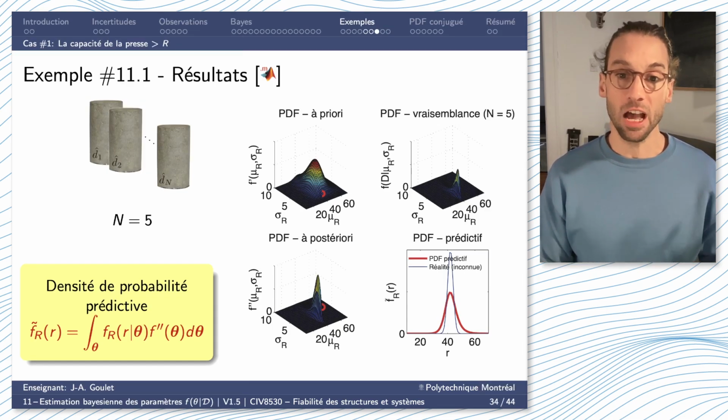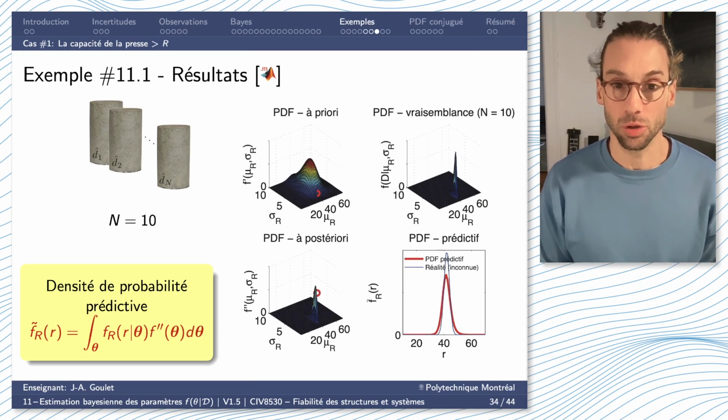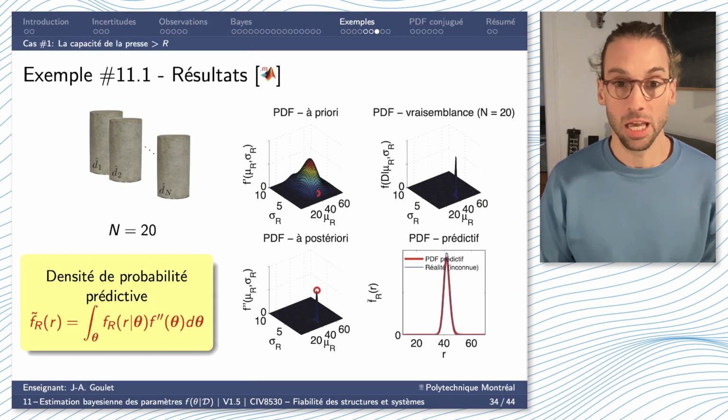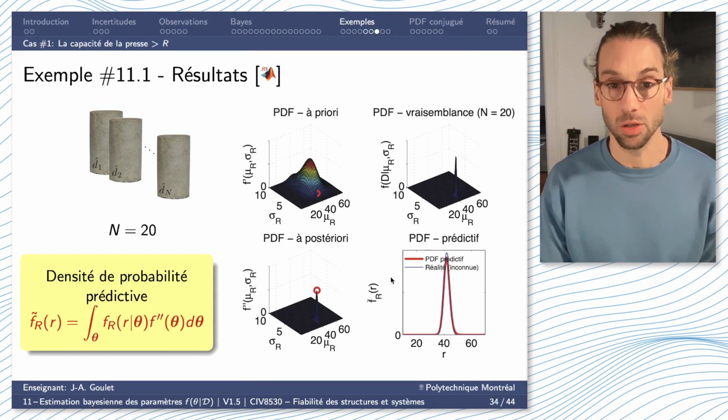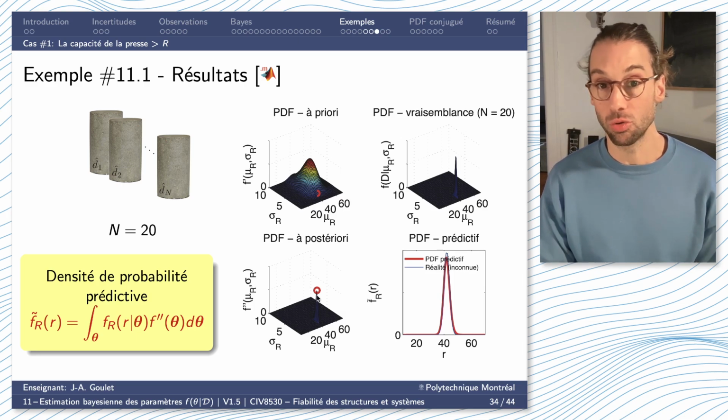If I have 5 samples, this is even more concentrated. We see the posterior migrating towards the true value, and the posterior predictive and the reality are starting to look closer. If I use 20 observations, you see that the posterior has almost collapsed on itself and aligns with the true value.